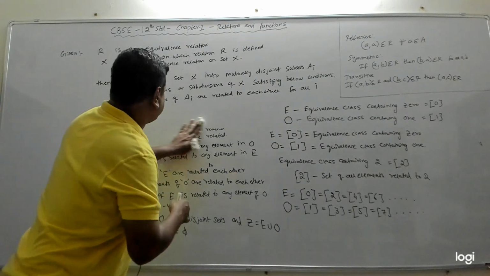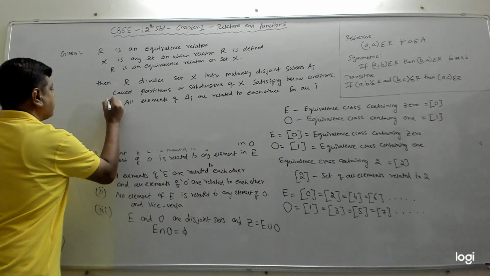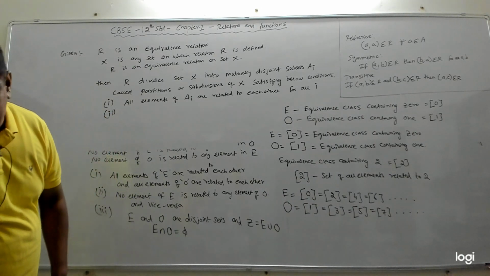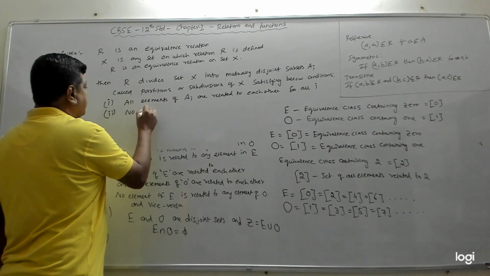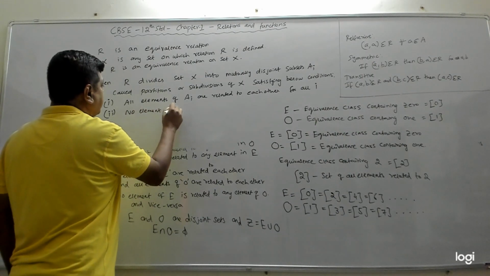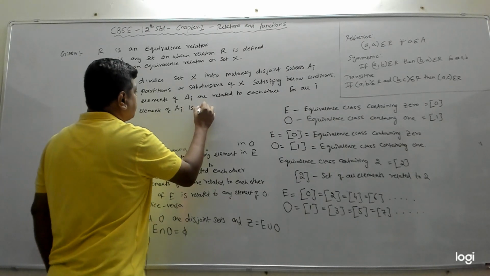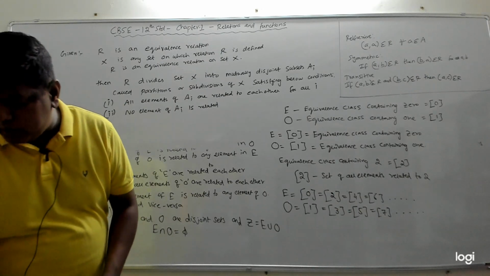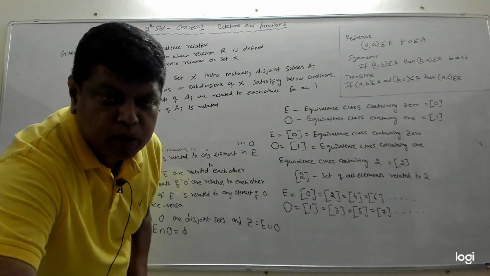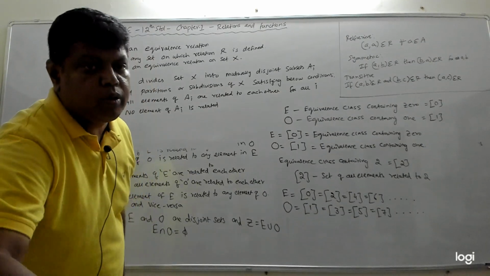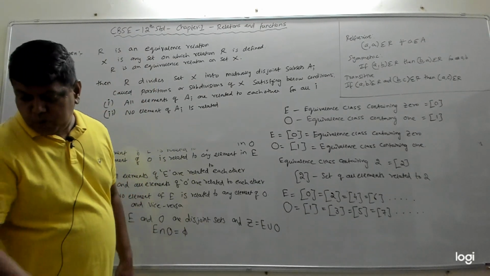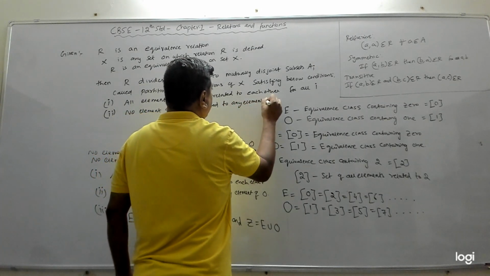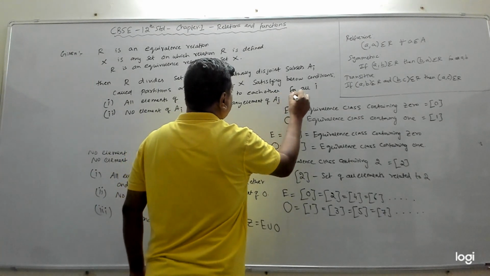And also the second condition is, no element of Ai is related to any element of Aj where i is not equal to j.